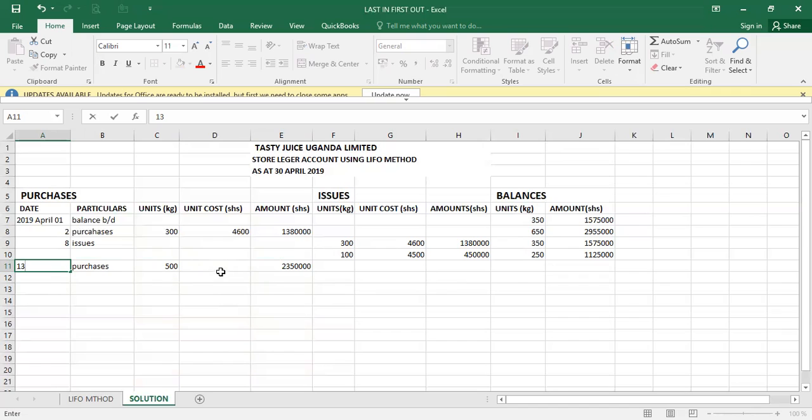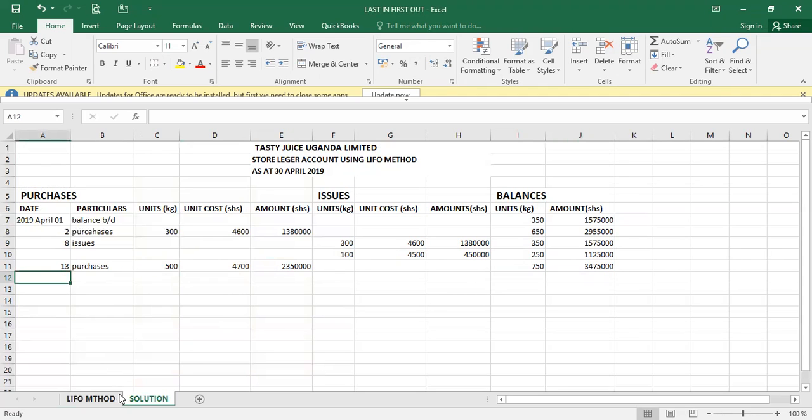We can find the unit cost equal to this: the total cost divided by the number of units. Press enter, you get that. Then you adjust our balances. Since we are buying, it will be that plus this, which gives us that. Then we also add to our total cost, that plus this. Hope we are at par.